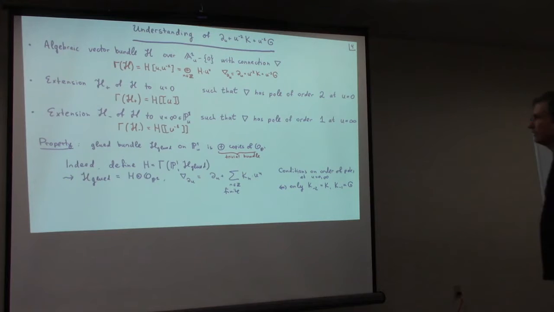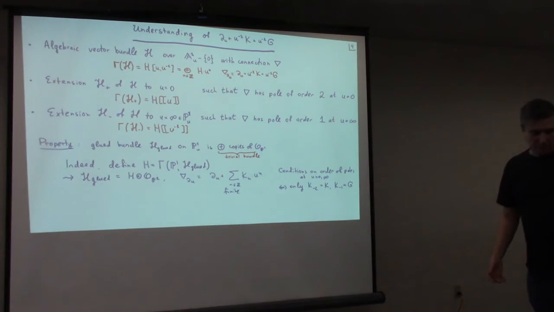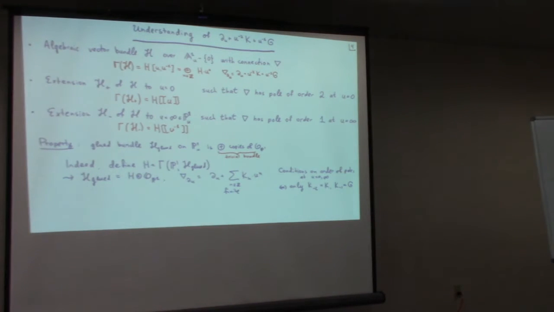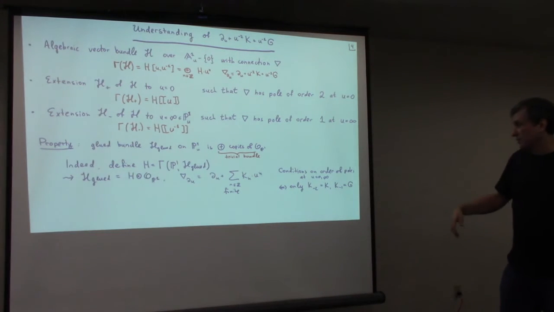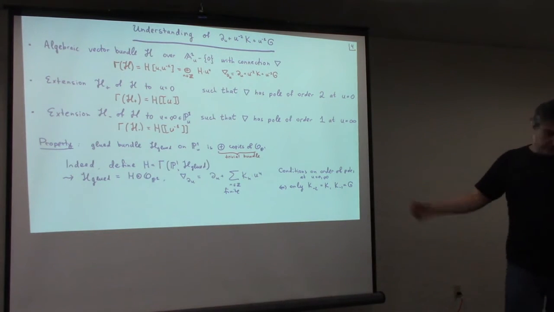And conversely, if you have your algebraic bundle on A1 minus 0 and extend both to 0 and infinity such that the global bundle is trivial, then you get just a vector space of sections, and then automatically you'll have this expansion, because in the trivialization you write what your connection is.